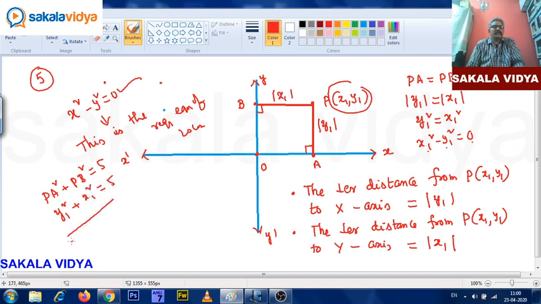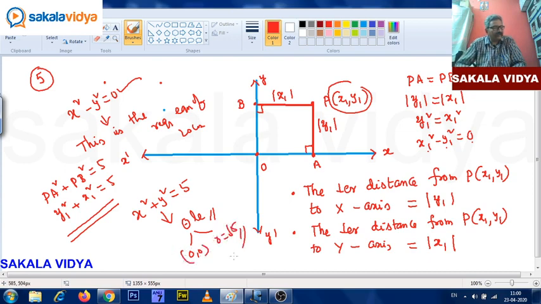The locus will be x square plus y square is equal to 5. What does it represent? It represents a circle whose center is 0, 0 having radius root 5 units. So, like this we shall get the equation of the locus. This is a very important concept. You need to remember, this will be useful to solve the problems.